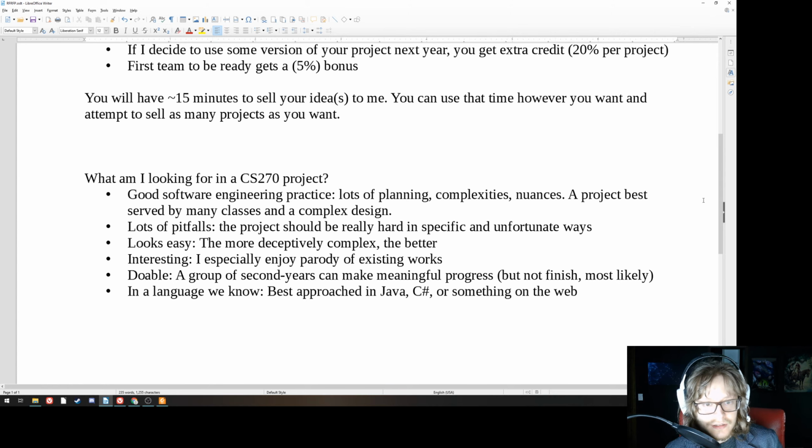I like things with graphics and a back end, so front end and back end, lots of different pieces that need to fit together. I like projects that have usually non-obvious but big pitfalls, something super hard that in the planning phase usually all of the students gloss over, and then later on they realize how much they got screwed over by the earlier teams that glossed over it. I find that to be hilarious.